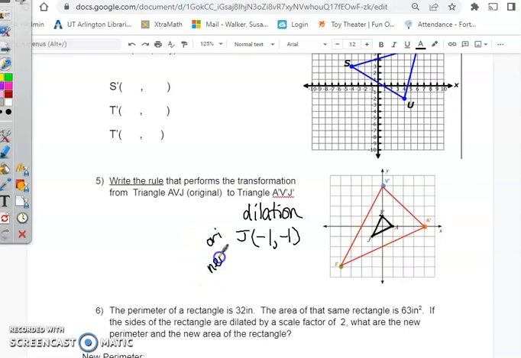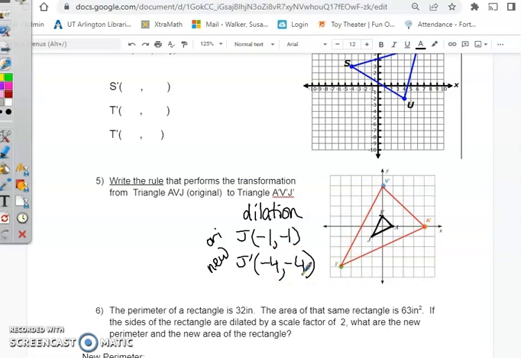Now I need new. Pre-image, image. 1, 2, 3, 4 backwards. 1, 2, 3, 4 down, so that's a negative.